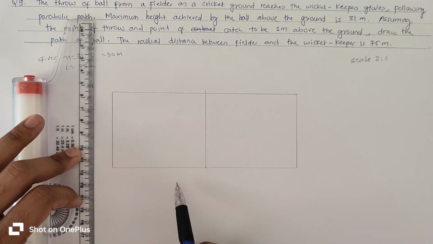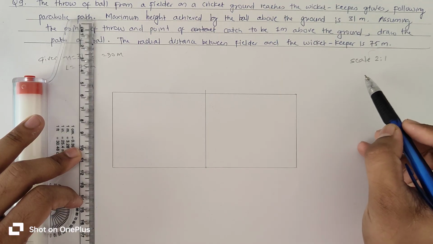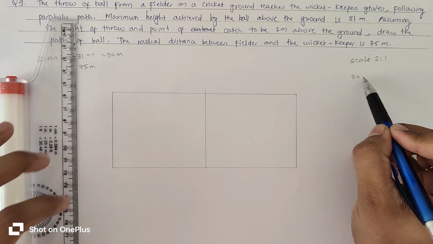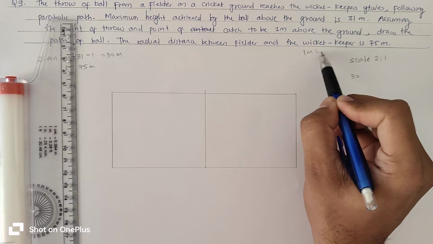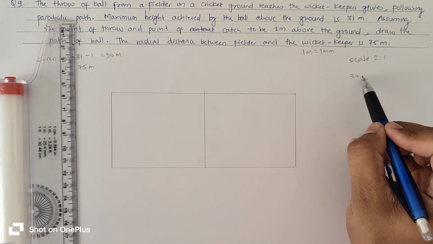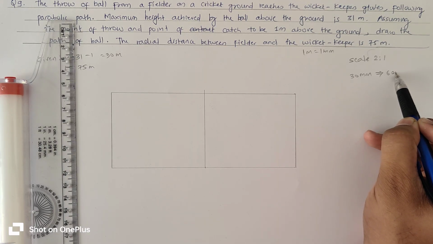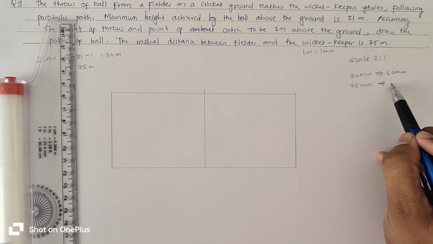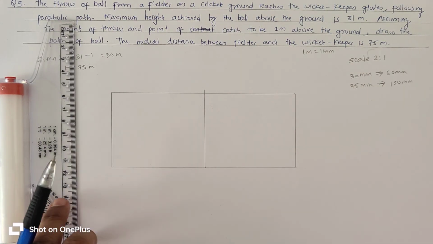So first draw a rectangle as per the scale taken, 2:1. We will take 1 meter equal to 1 mm. Then we have taken scale 2:1, so we have converted 30 mm into 60 mm and 75 mm into 150 mm.